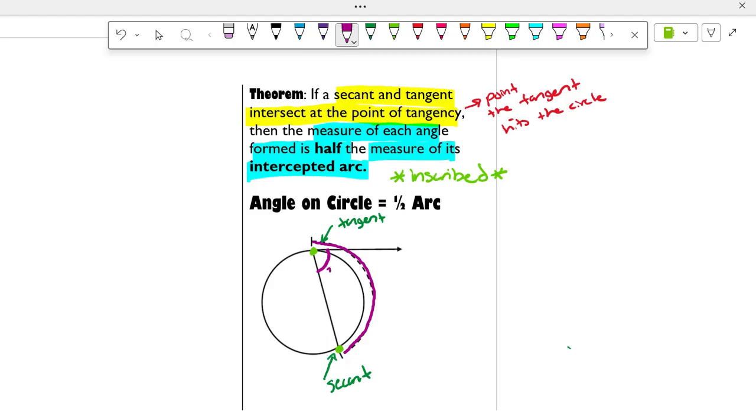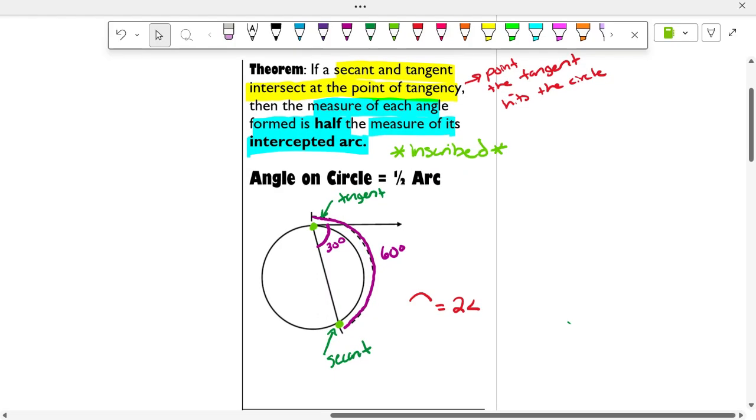So if I said this angle was 30 degrees, what's this arc? 60 degrees. So another way you can also say it is that the arc is equal to twice the angle. So the arc is equal to twice the angle.